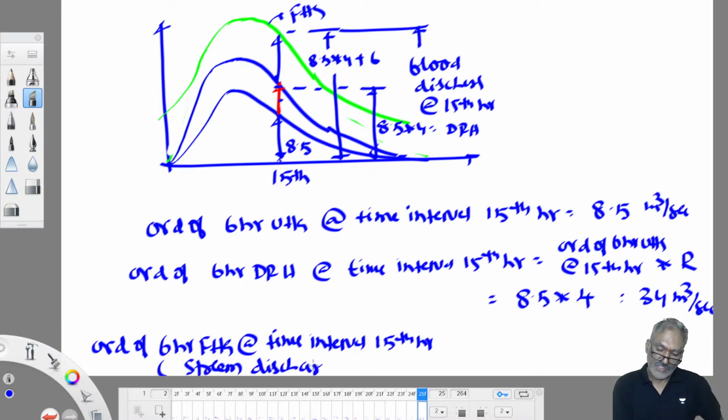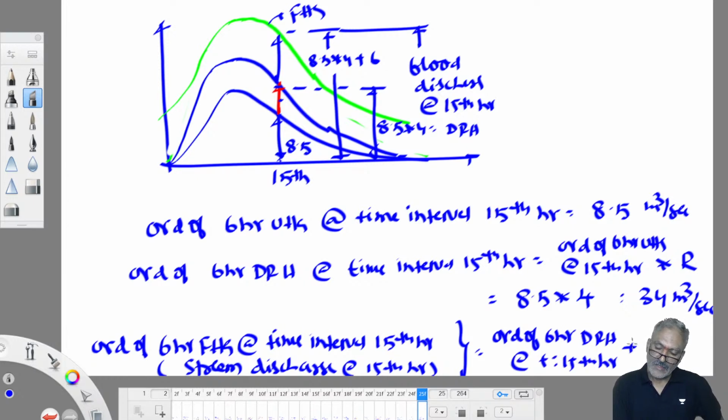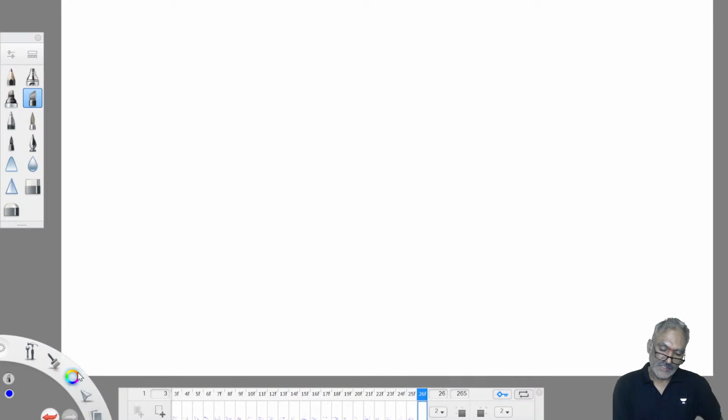Stream is carrying flood discharge. Therefore, the ordinate of the 6 hour flood hydrograph at time T equal to the 15th hour is the direct runoff ordinate plus base flow, which is equal to 34 plus 6. It is 40 meter cube per second.